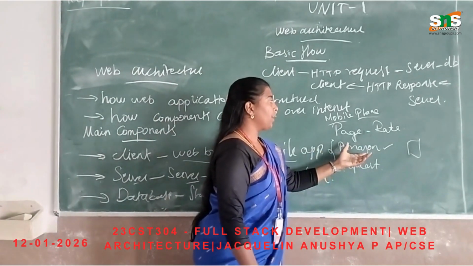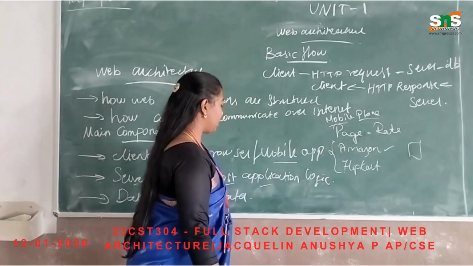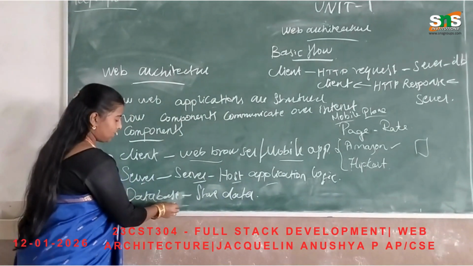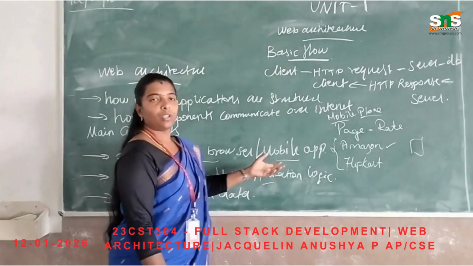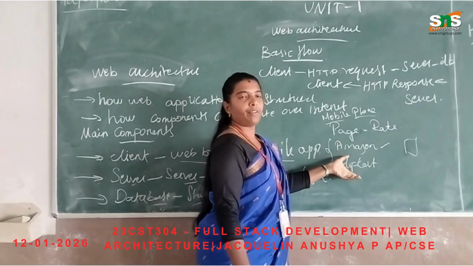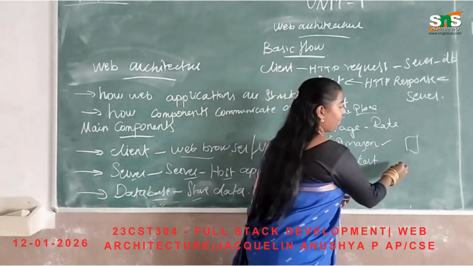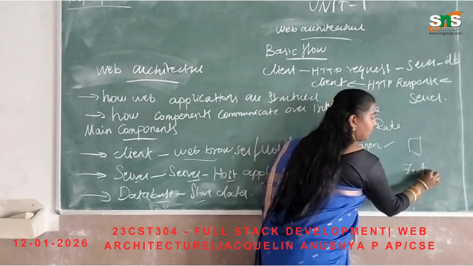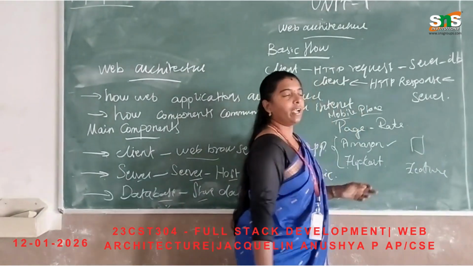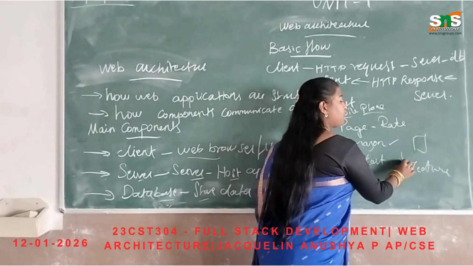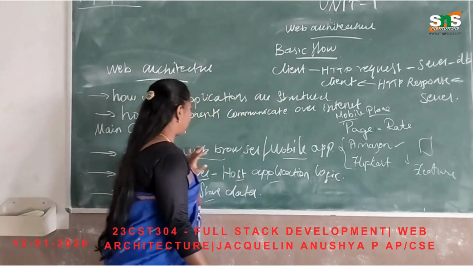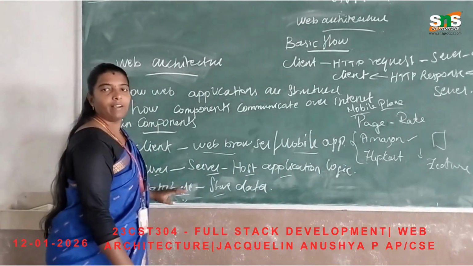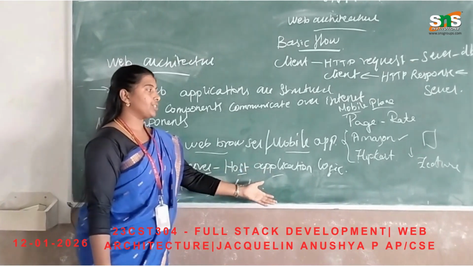From that, I am ordering on my mobile phone. So that is your database. When I open Amazon and Flipkart, it gives the features below, the data, the manufacturing date, everything under the specifications. So everything you get over here is your client, server and database communication.